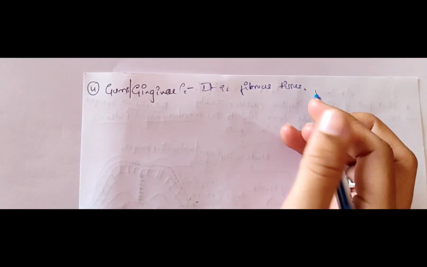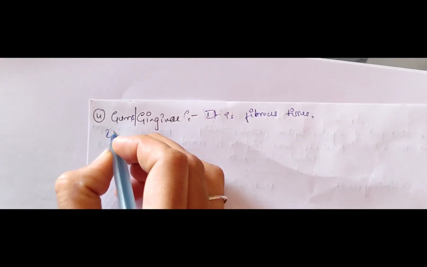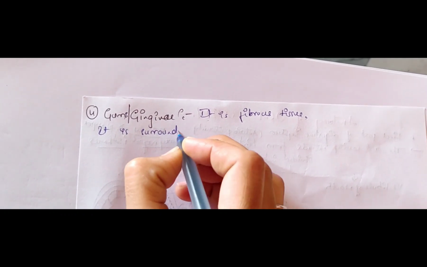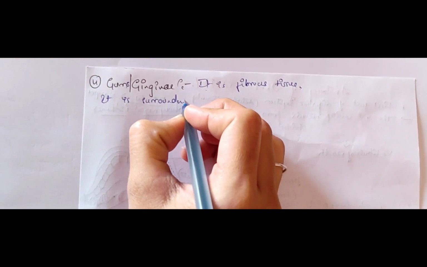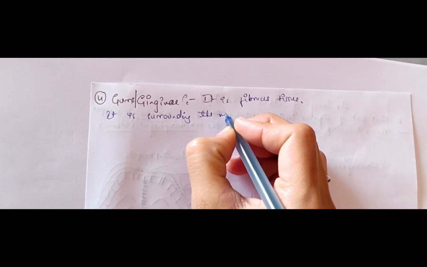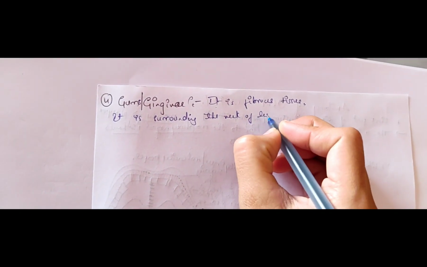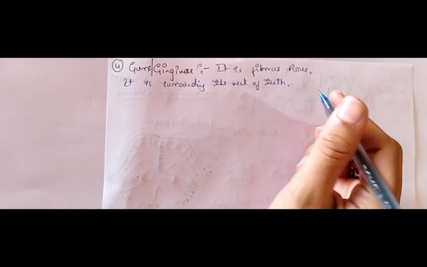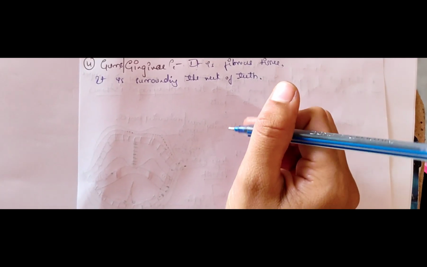The gums or the gingiva is a fibrous tissue surrounding the neck of the teeth, and attached to the alveolar margins of maxilla and mandible, is called gums.